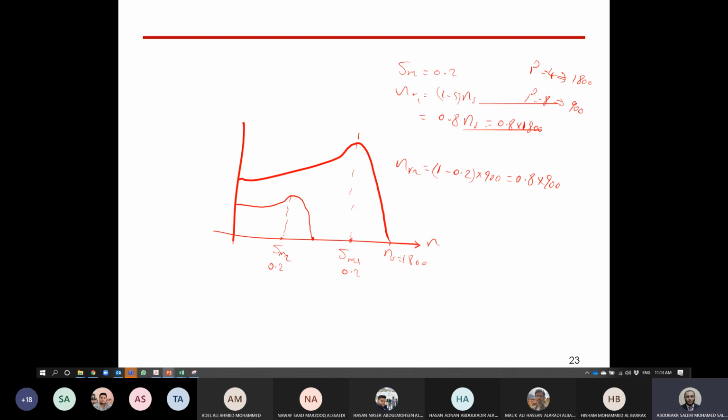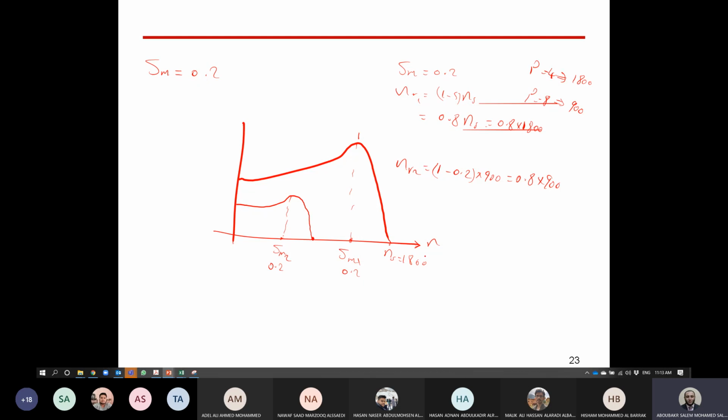Well, we said now that by changing number of poles S maximum is constant, right? So if S maximum is constant here, which is 0.2, the question is whether the value of S maximum will be constant on the horizontal x axis or not. This is the question.